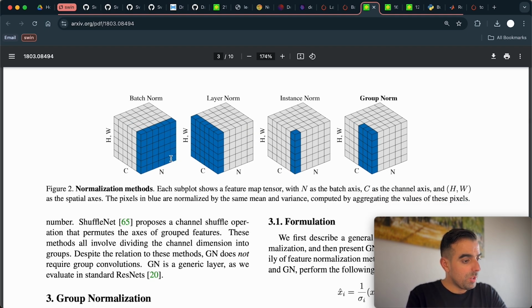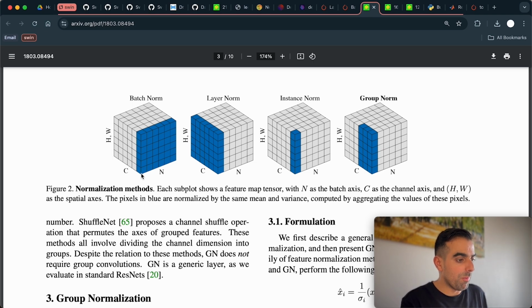So the first dimension is the batch dimension. The second dimension is the channel dimension. And the third dimension is the height and width, suggesting that this is an input image. So batch normalization normalizes each channel independently across all the samples in the mini batch.